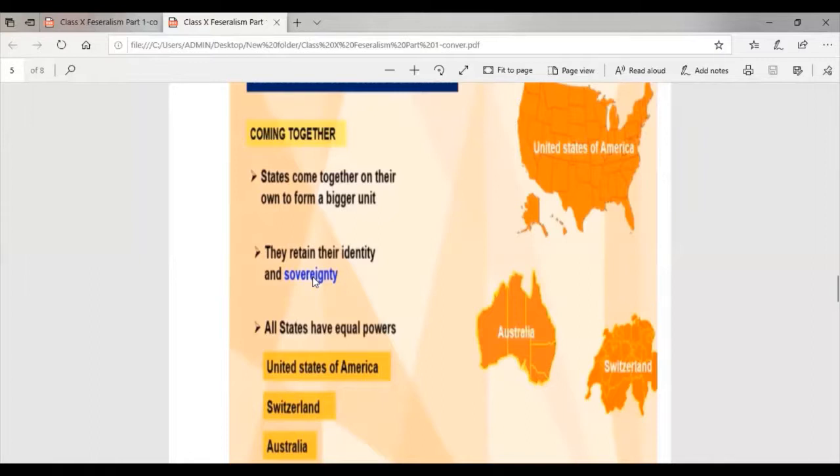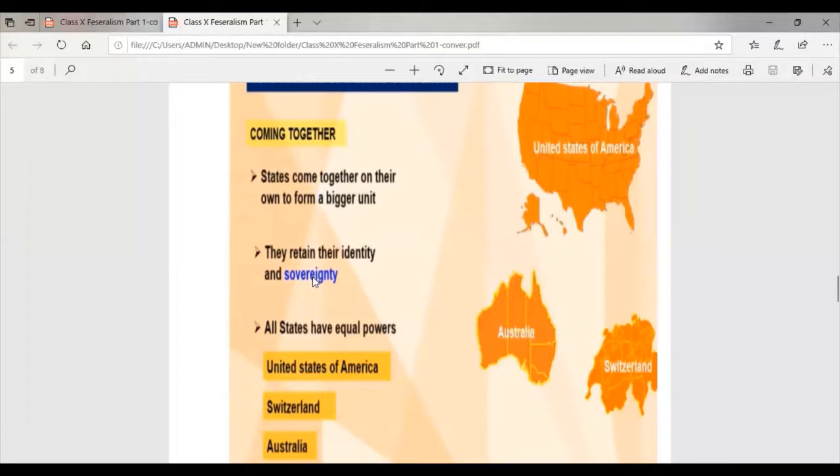In coming together federalism, all the states have equal powers, and each state is stronger. In India, each state does not have sovereignty, but the country as a whole has sovereignty. So in coming together federalism, all the states have equal power.